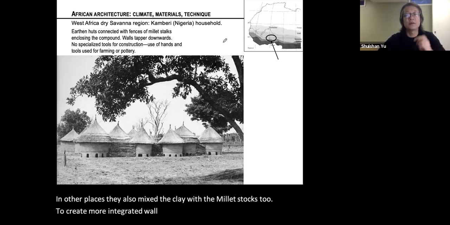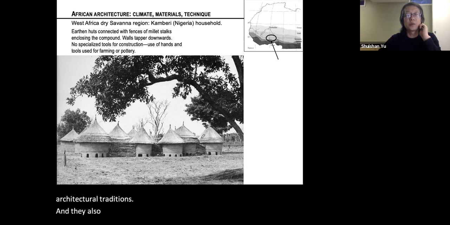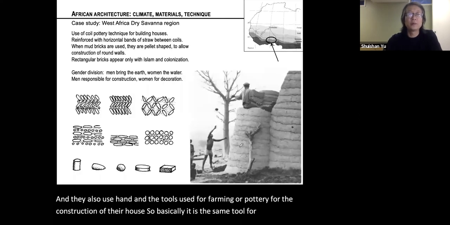And the walls often taper downward. The upper part is wider, which is opposite to most architectural traditions. And they also use hands and tools used for farming or pottery for the construction of their houses. So basically, it is the same tool for pottery as well.